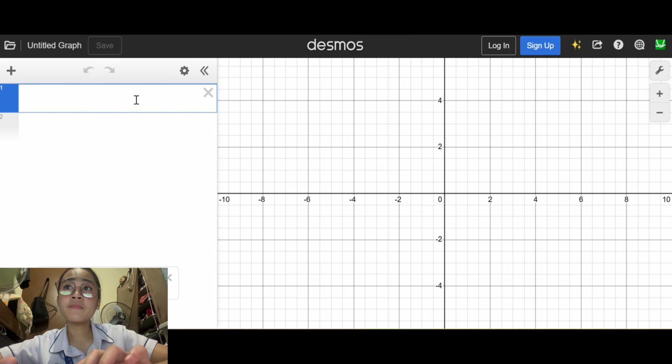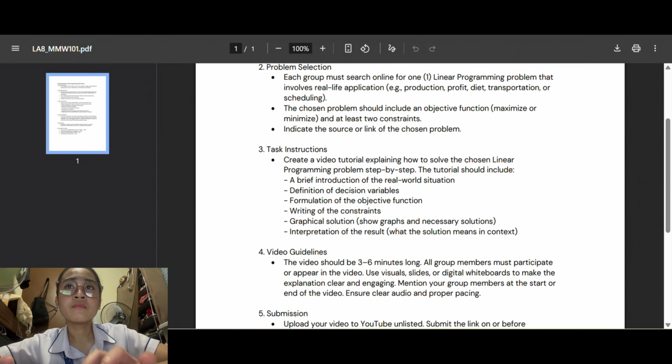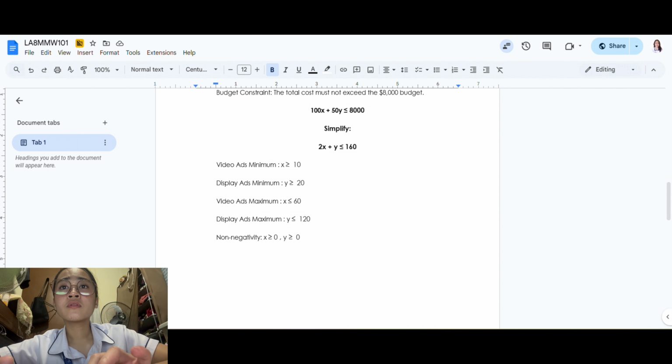So the first step in graphing the linear programming problem is to write the minimum capacity and the maximum capacity.